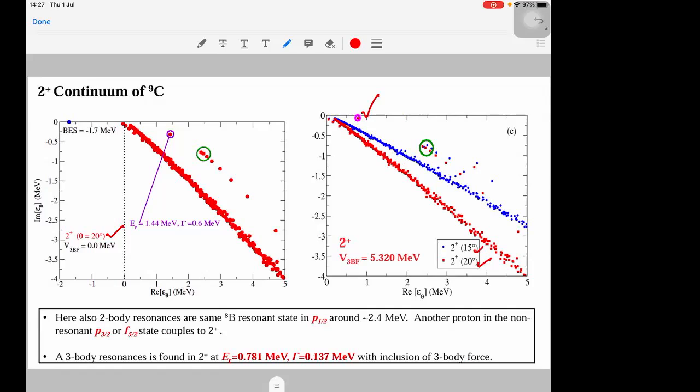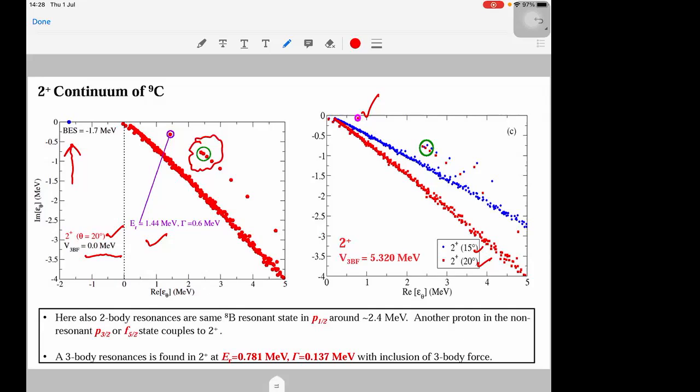But when my three body force is missing, I have a bound excited state at 1.7 MeV and also a three body resonance at 1.4 MeV, and these two body resonances are there.